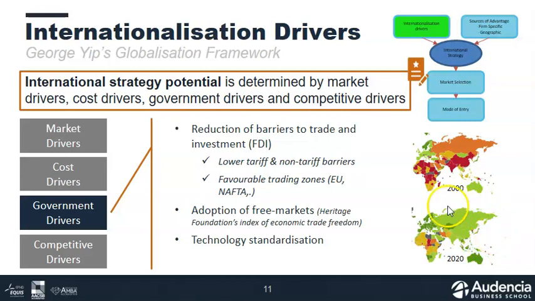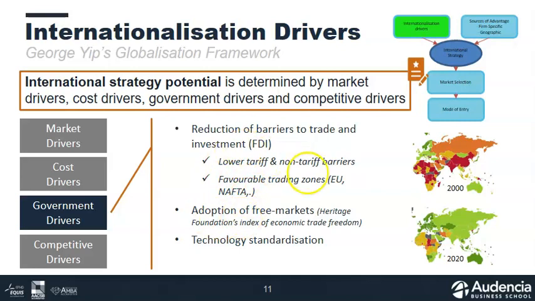And you can see how this map has become increasingly green over time as countries adopt more and more free trade policies. So it's actually easier today to get involved with international trade because we've seen an opening up of markets, liberalization of markets.